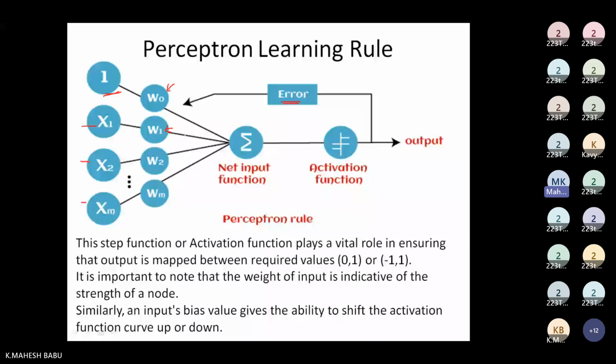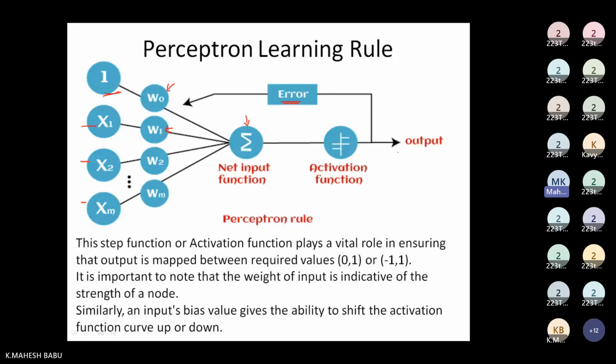That value is collected in the form of a net input function, and it is handed to the activation function, whether you apply a sigmoid function, a step function, or whatever function, in order to get an output. If the output is either 0 or 1, that is binary classification.